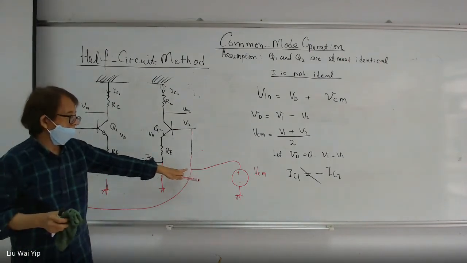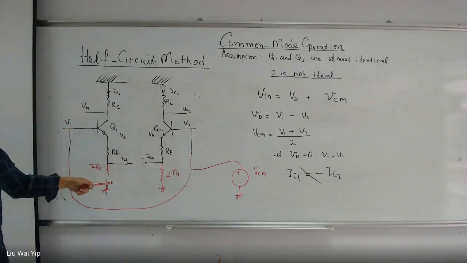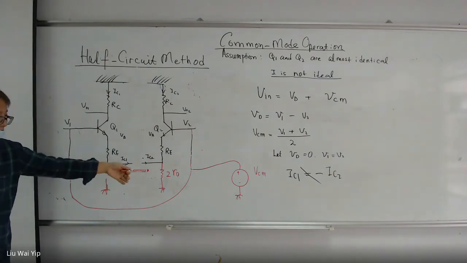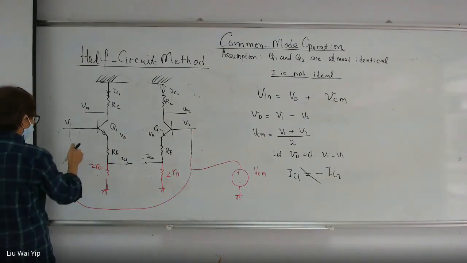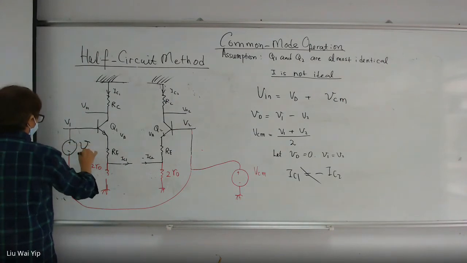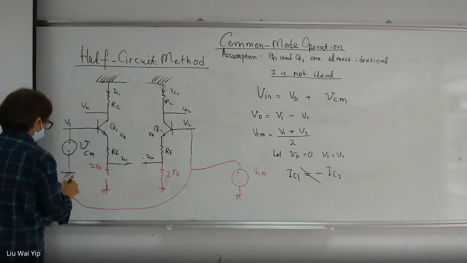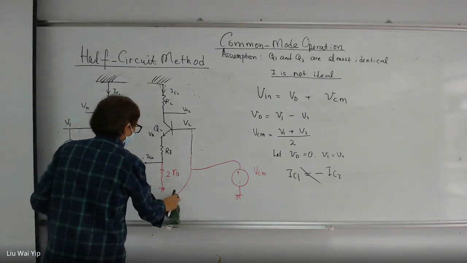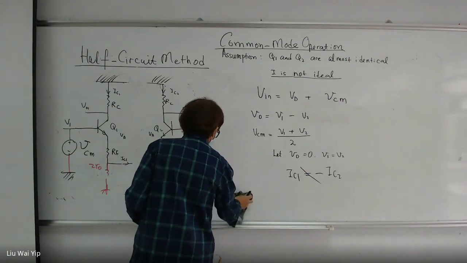The input is applied to two identical circuits, right? Can you see where the input is supplying current to two identical circuits? So you can just separate this. And you can just do this to make your life easy.